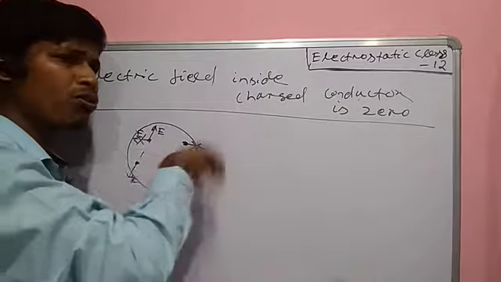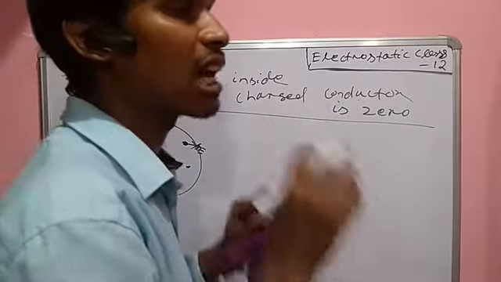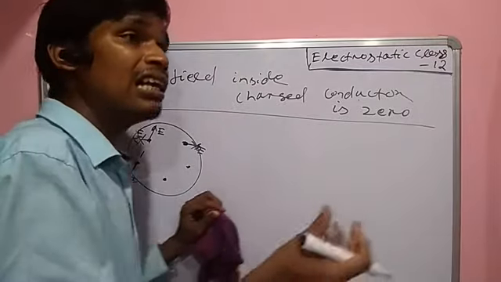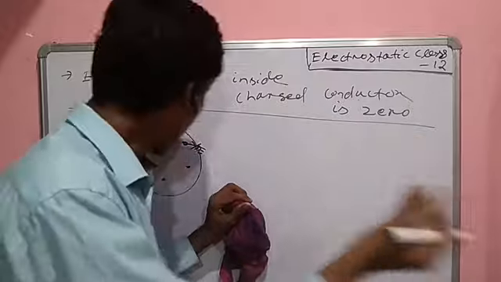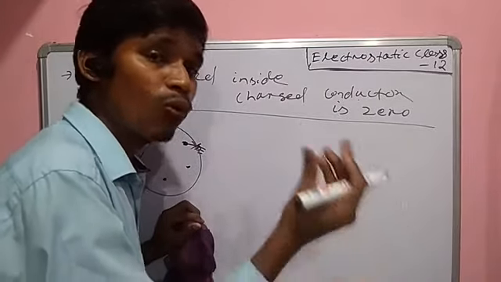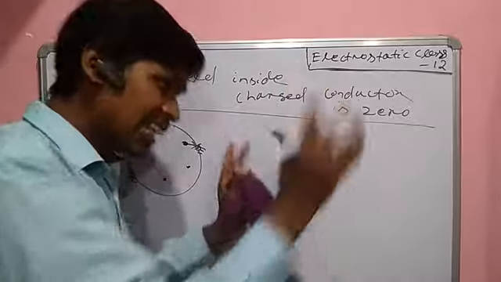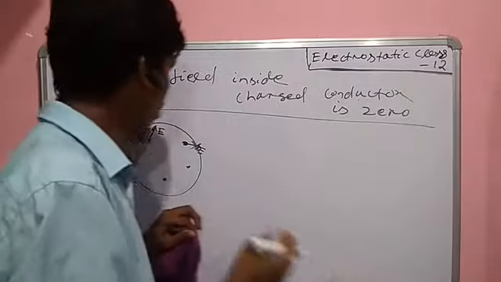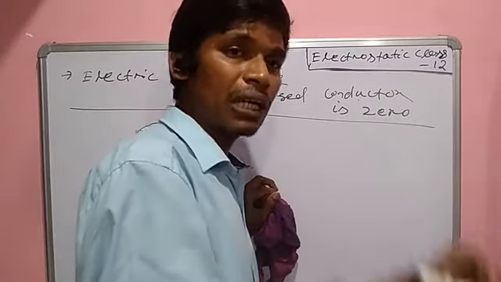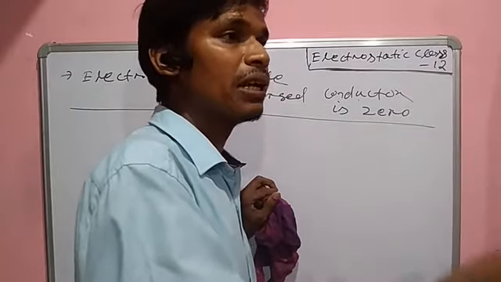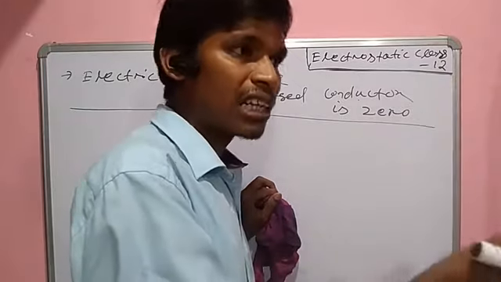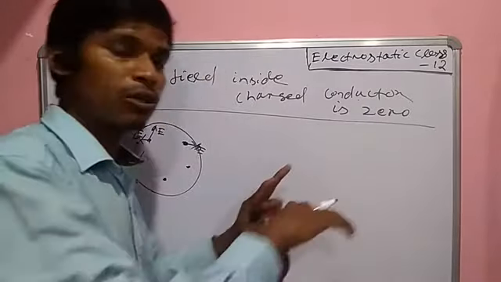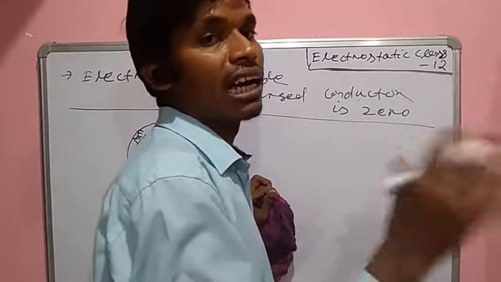Many protons, many positive charges, are present inside the charged conductor. The net electric field is zero because the electric field created by one single point charge is cancelled by the field of another.